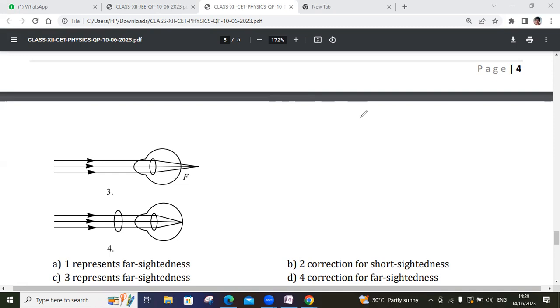So in short-sightedness or myopia, what happens? This is your eye, and this is the eye lens. The image will not be formed at the retina, but it will be formed here. That is myopia or short-sightedness. It forms here only.